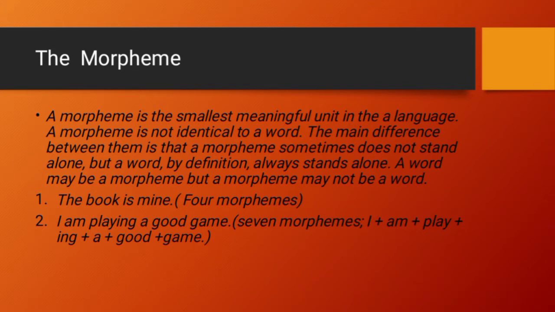A word may be a morpheme, but a morpheme may not be a word. Example: the book is mine. For morpheme: I am playing a good game. So you divide them: I plus am plus play plus ing, a good game.